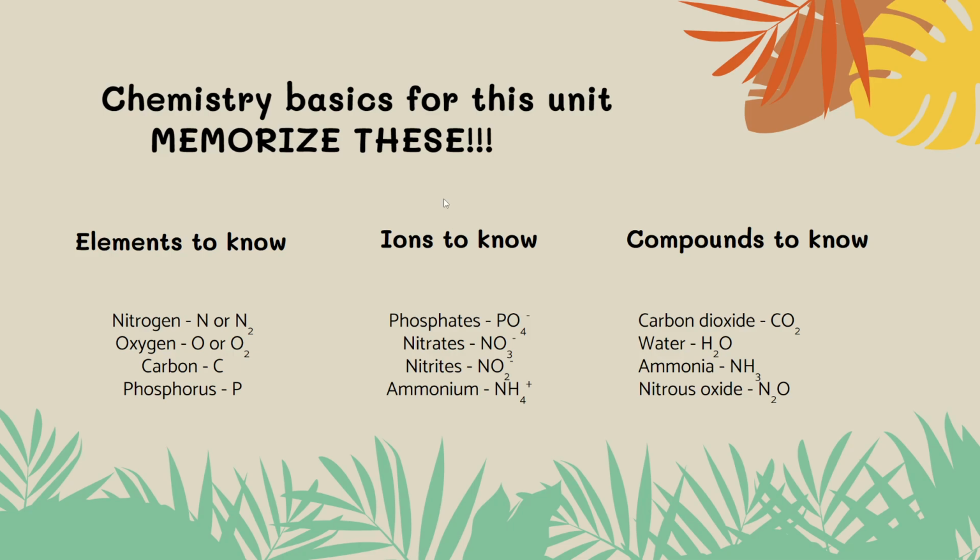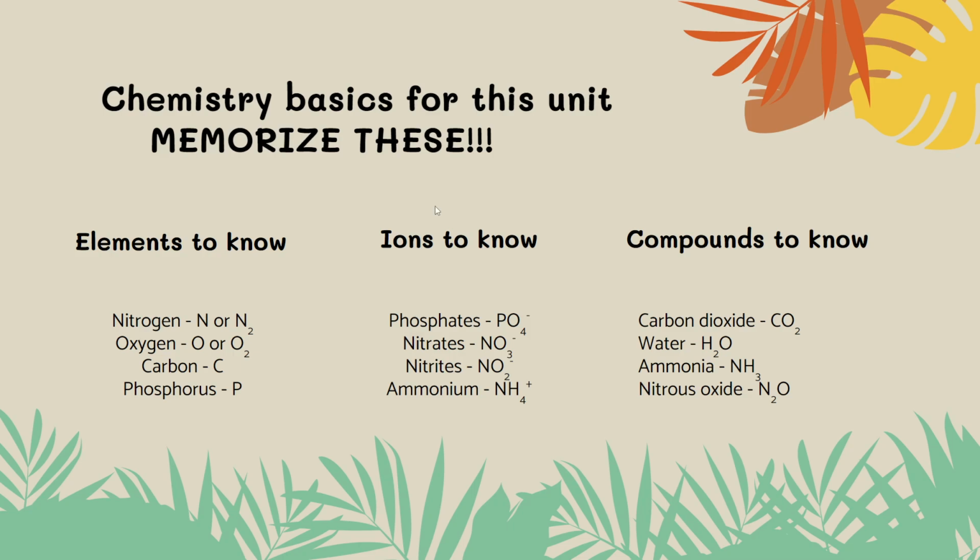Before we go any further, there is some chemistry you need to work on memorizing. Please put these over in the left-hand side of your notes underneath the elements that you need to know, the ions you need to know, and the compounds that you need to know. Be familiar with both the name and the chemical symbol for each of them.